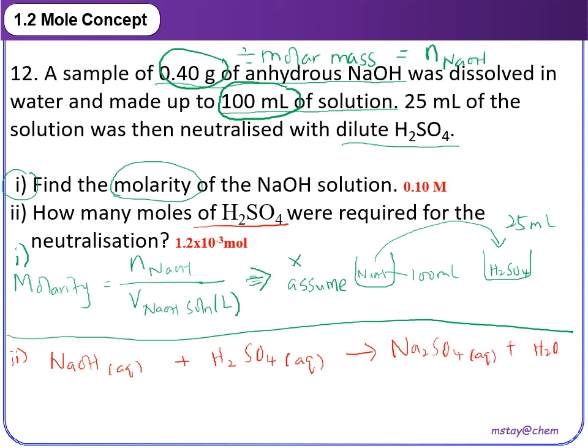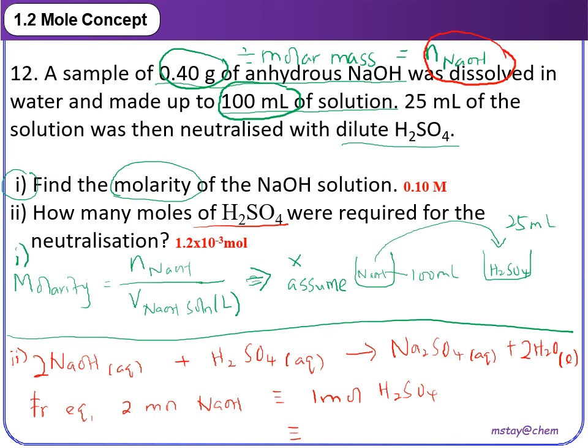Okay, then we need to balance the equation. 2 mole NaOH react with 1 mole sulfuric acid, produce 1 mole sodium sulfate and 2 mole of water. Then we are going to use from the equation, 2 mole NaOH will react with 1 mole sulfuric acid.